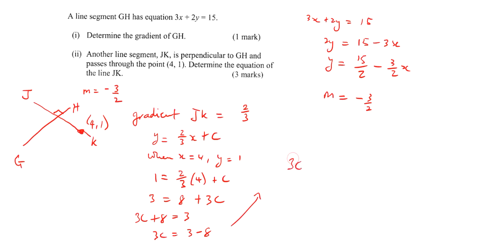So 3c is equal to minus 5, and therefore c is equal to minus 5 over 3. Alright, so the equation of the line we are looking for is y is equal to 2/3 x minus 5 over 3. Make sure that's correct. Yeah, so we can write this as 3y is equal to 2x minus 5. Right?